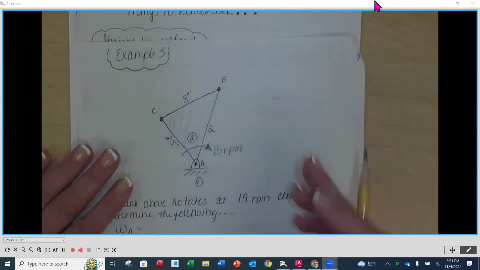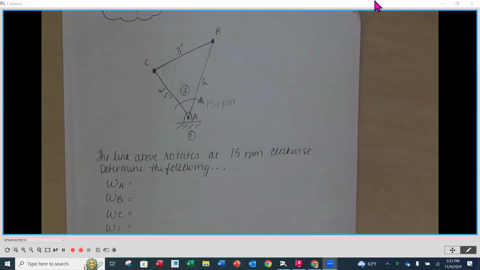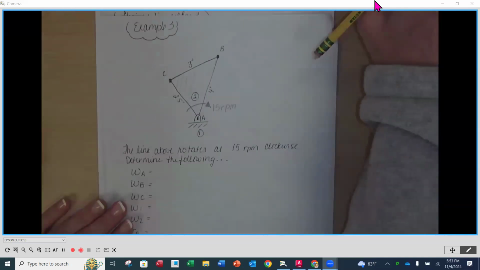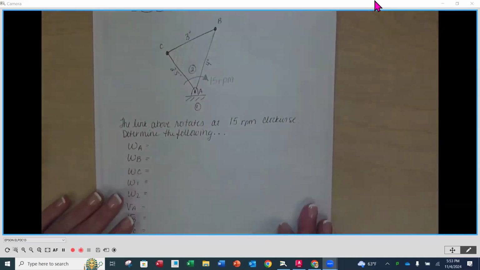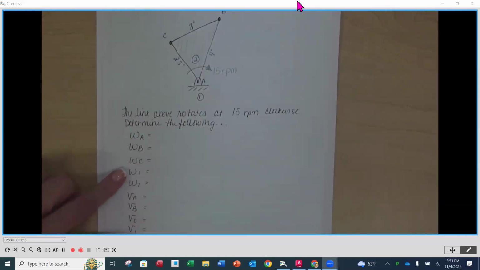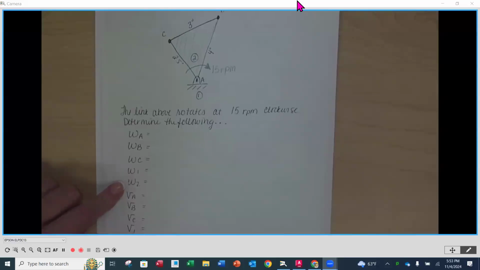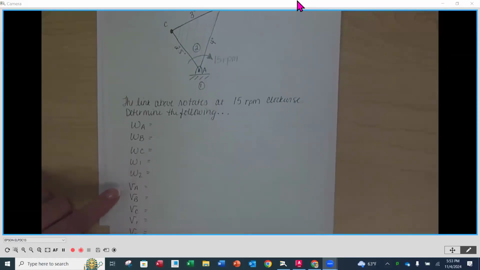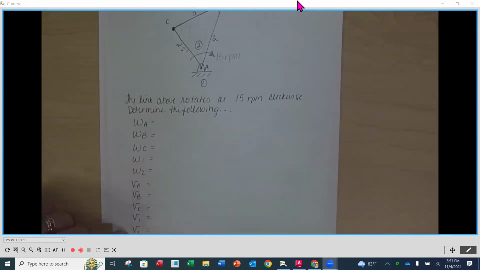What I want you to do is see what you can do with the items that are down below. See if you can find or determine angular velocity of A, B, C, angular velocity 1 and 2, VB, VA, VC, V1, V2.